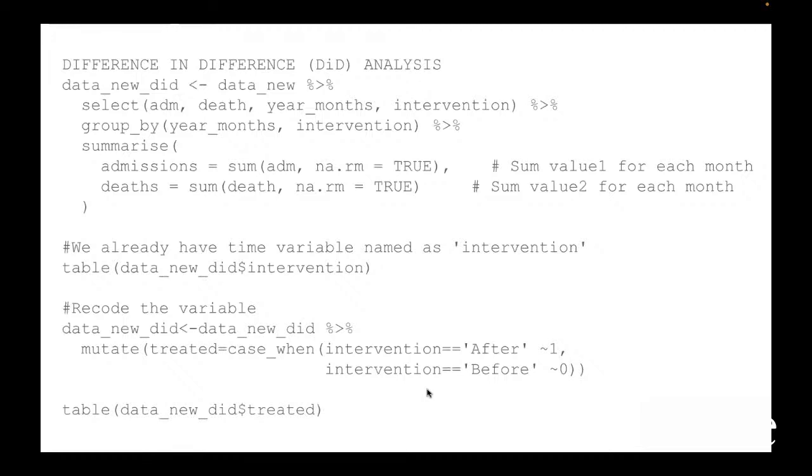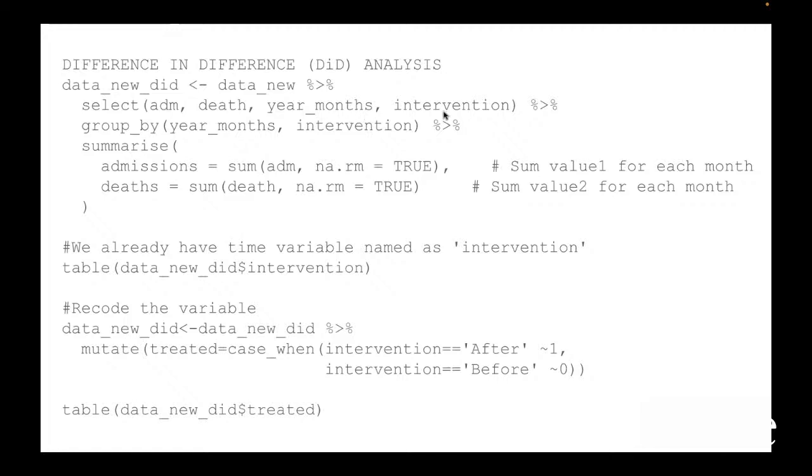Let me quickly run you through how we do the difference in difference. You have to subset the data. You have to create the data set that you can work on in R. Here, I select the variables that I can work on: the admissions, the number of patients admitted per month, deaths, year, and the intervention.